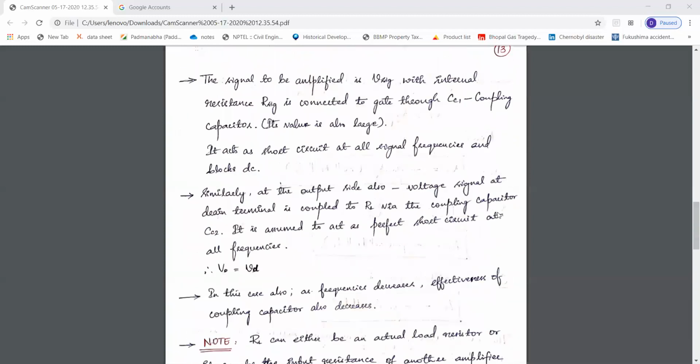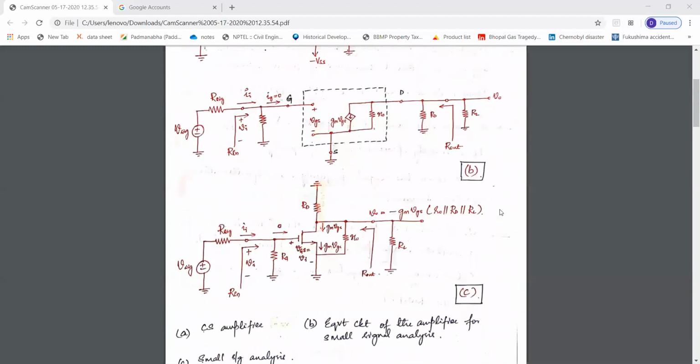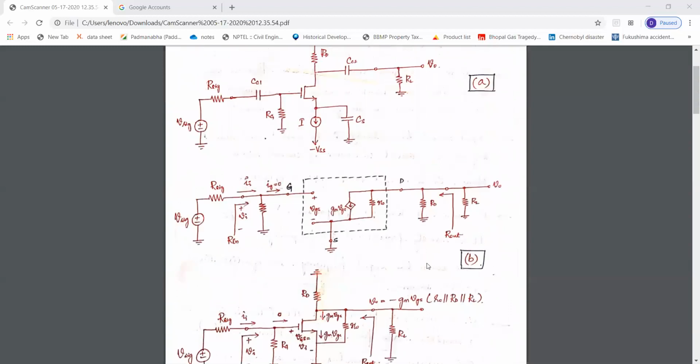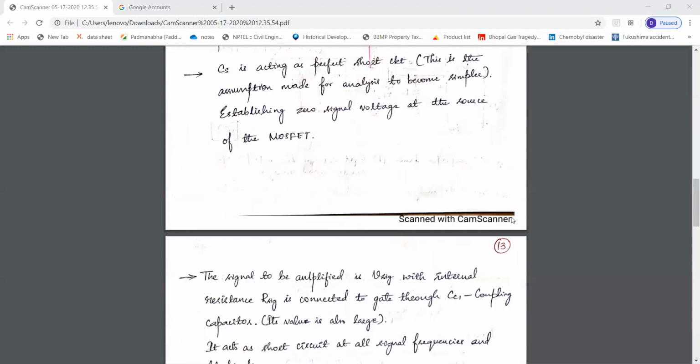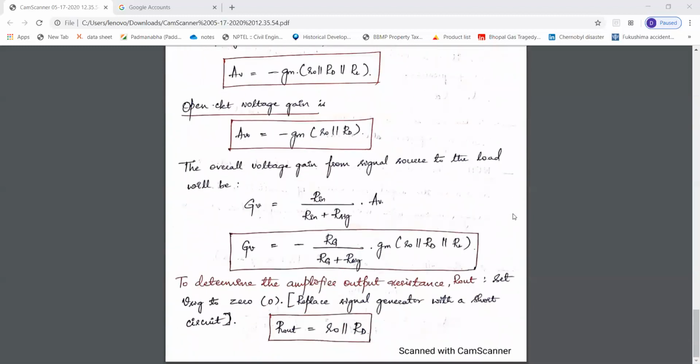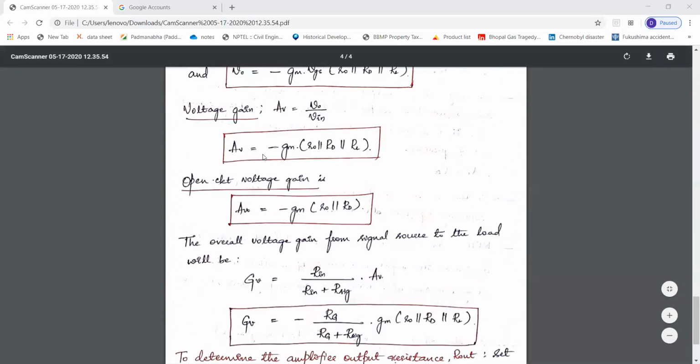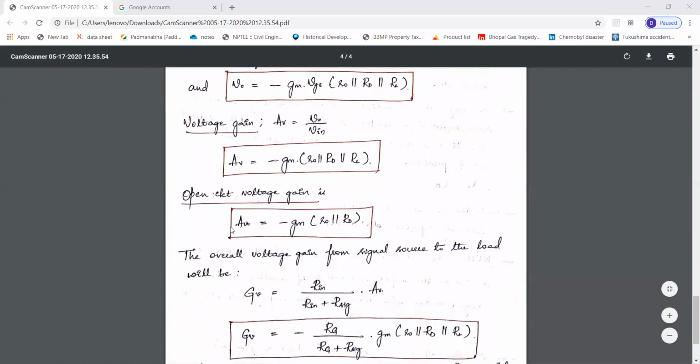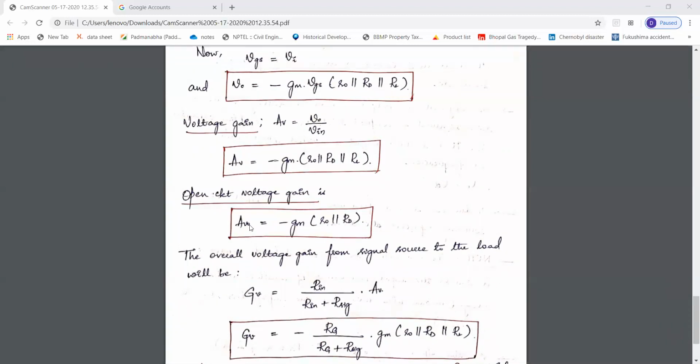Next, open circuit voltage gain. Whenever we talk about open circuit voltage gain, remember this load resistance will not be there. This load resistance will be absent. So I'll repeat it once again. Whenever we talk about open circuit voltage gain, RL should be removed. So the open circuit voltage gain is denoted by Avo, that is equal to minus Gm.